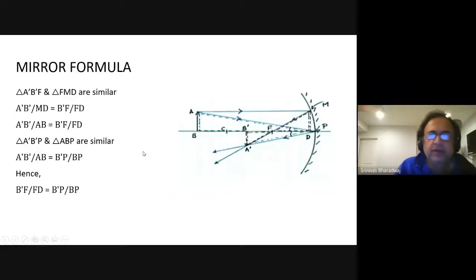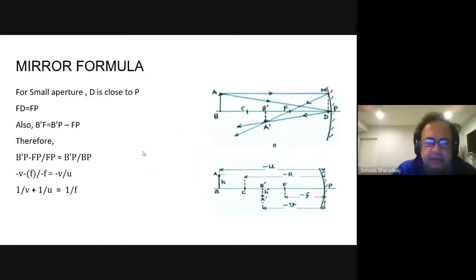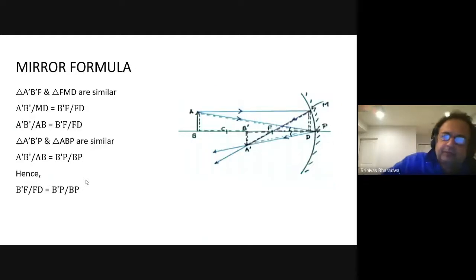Okay, so now he's going to derive the mirror formula. First, this is the mirror formula: 1 by V plus 1 by U equals 1 by F. So how does he derive the mirror formula?